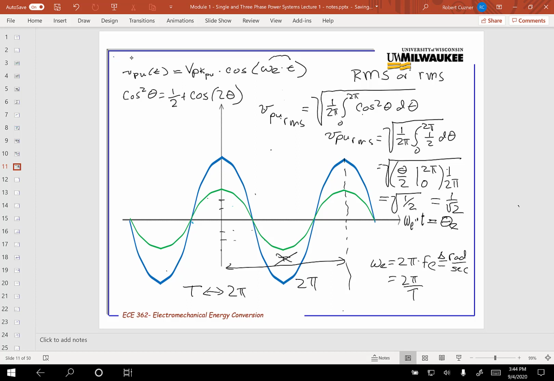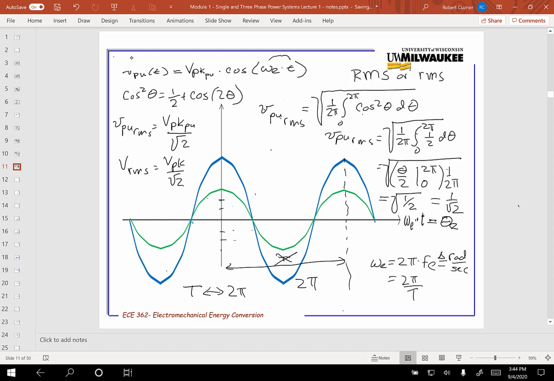So the RMS of any sine wave is going to be equal to V peak per unit, since we were using the per unit here, divided by square root of 2. Or if we were using voltages, the V RMS is equal to V peak divided by root 2.